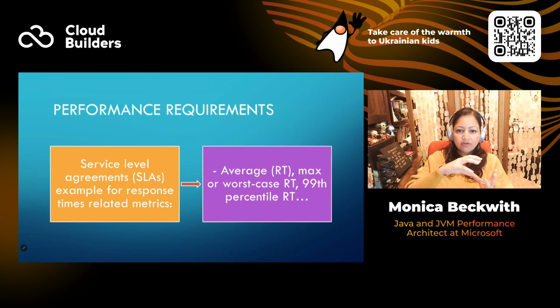So we will talk about response time metrics as either average or max or worst case, 99th percentile, etc. Basically what I'm trying to say here is that one metric is not going to cover it. I also hear people talking about 5 nines. When you're talking about 5 nines, what are you missing?